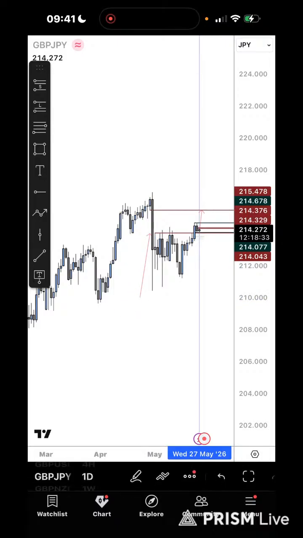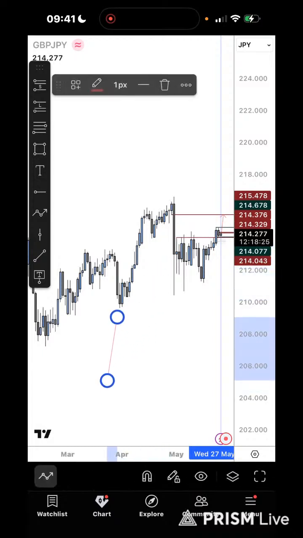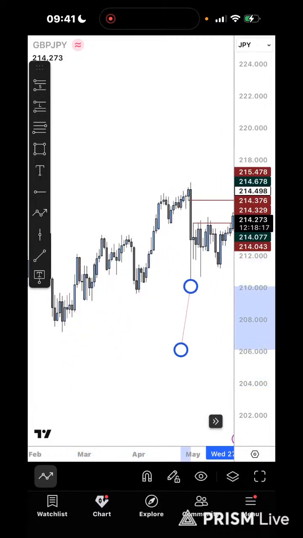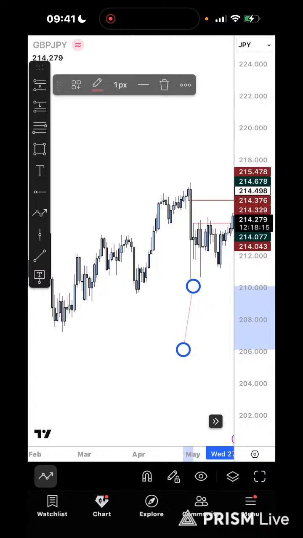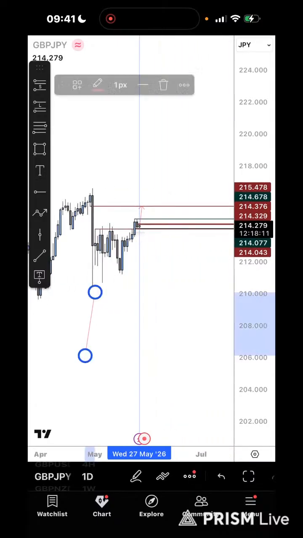There's a strong move downwards to take out that short-term low. But price did not take out the swing low, which is down here. You can see this is the extreme of price. So this low right here didn't get taken out. So when price was moving up, like so, it didn't take it out here. So we remain in that bullish posture because of the market structure, right? So we are bullish on this pair.